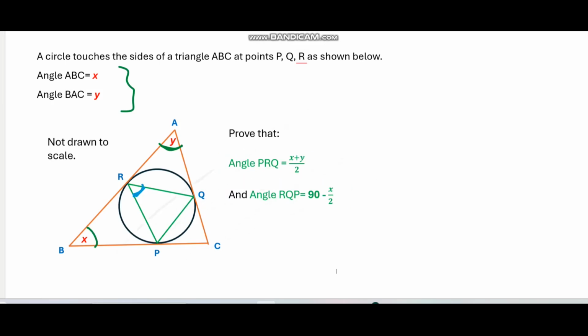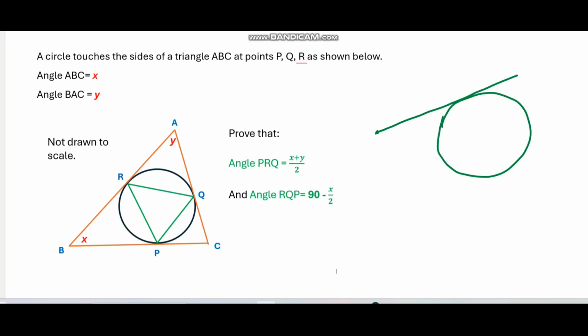Now, before we do these two questions, I would like to remind you of two circle theorems. The first one is when you have a circle and from an external point you draw two tangents, the theorem says that the distance from the external point to the touching point is the same for both tangents.